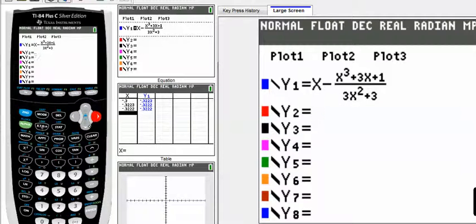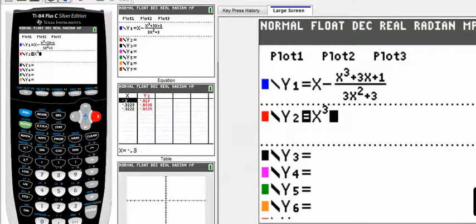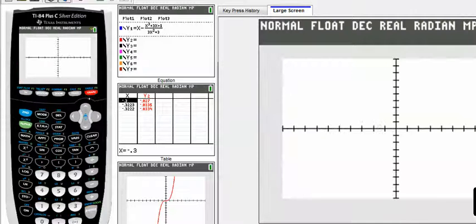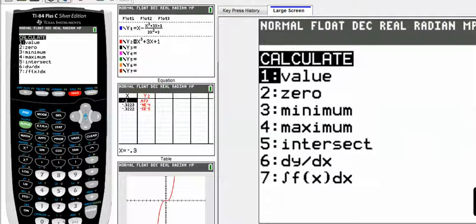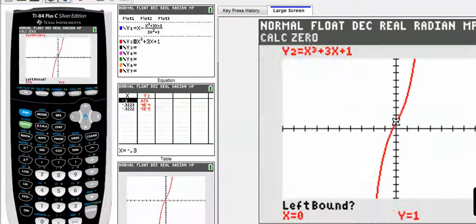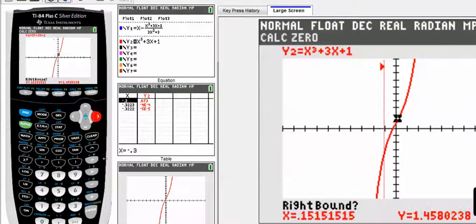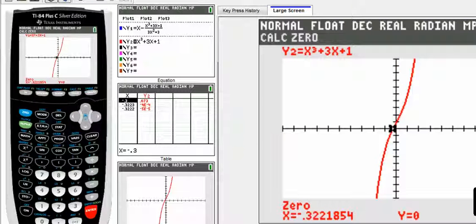And the original graph is x to the 3 plus 3x plus 1. It only hits the one spot. Second calc, I want a 0, 2. So again, this is what Newton's method is with the calculator. Pick a spot left and right of it, just to give me some parameters. Give me your best guess, and it finds negative 0.322. So that's Newton's method.